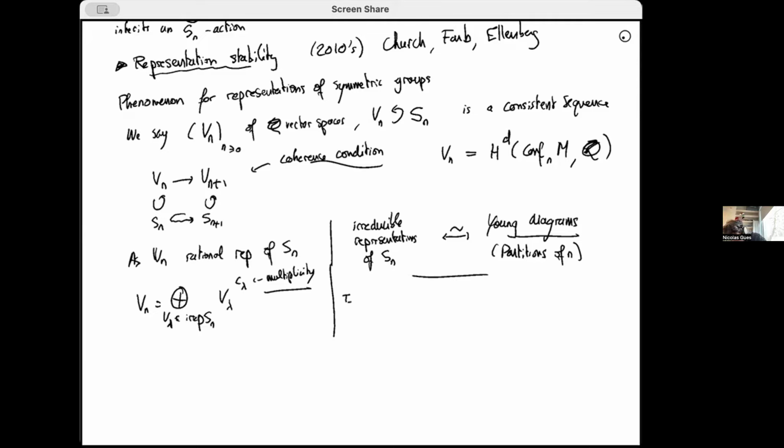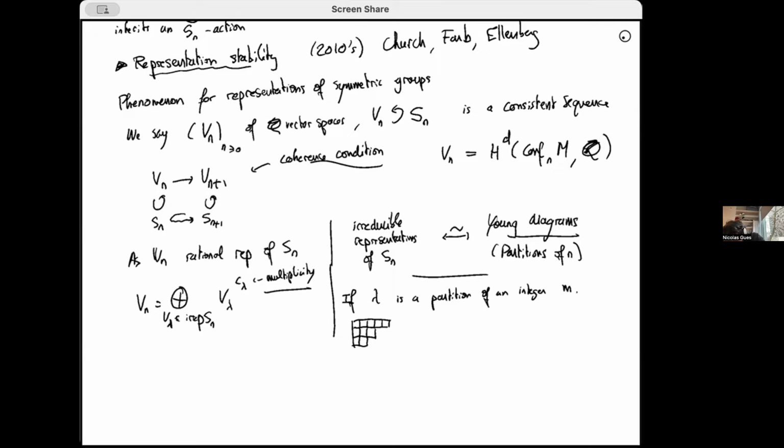So if lambda is a partition of an integer m, I can represent it as a Young diagram like this. So here I have 10. This is a partition of 10.